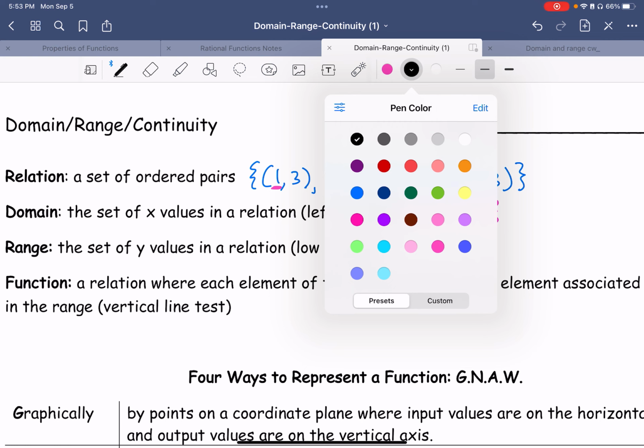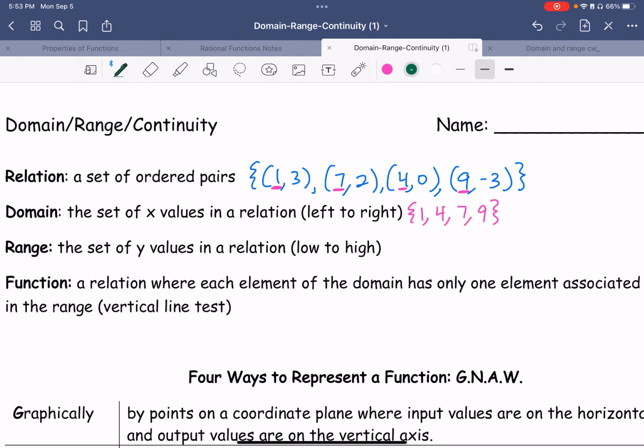We can do the same thing for the range. The range is the set of all the y values in a relation. Again, x comma y is a coordinate point. The second number represents the letter y. So these right here will be the y values that we're going to use to write our range. And just like the domain, they're going to be from smallest to greatest, from low to high, bottom to top, however you want to remember that.